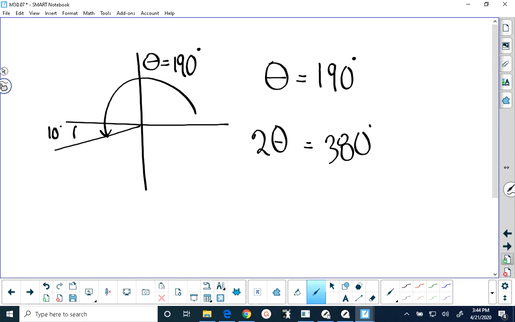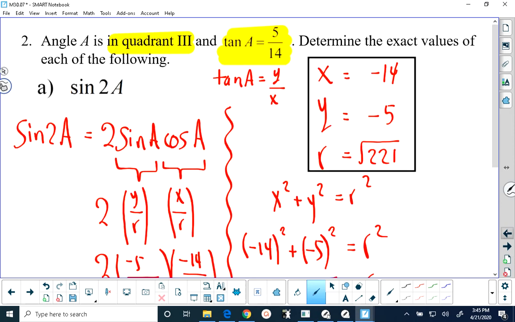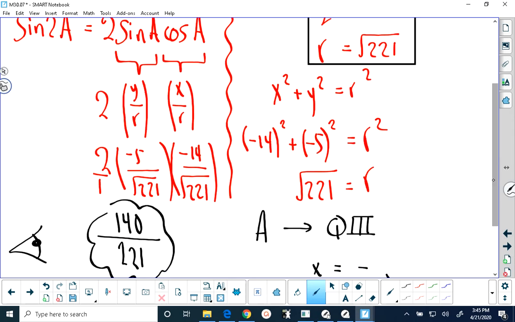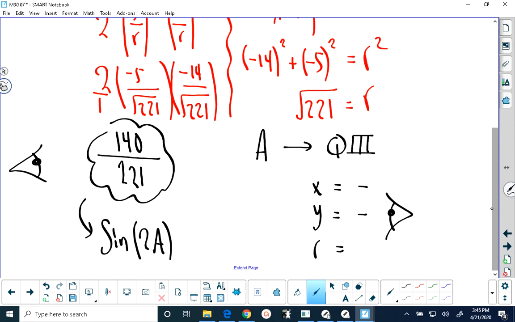And if you were to track where 380 degrees comes out, it comes out over here in quadrant 1, where sine is positive. So just because theta has a negative sign doesn't mean 2 theta will have a negative sign. So that is the answer to the question, 140 over 221.